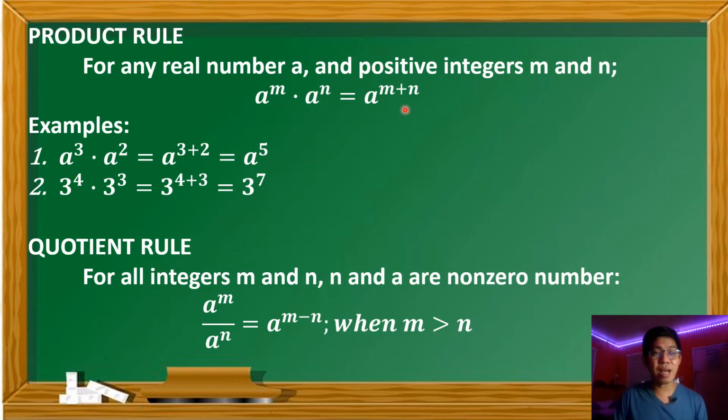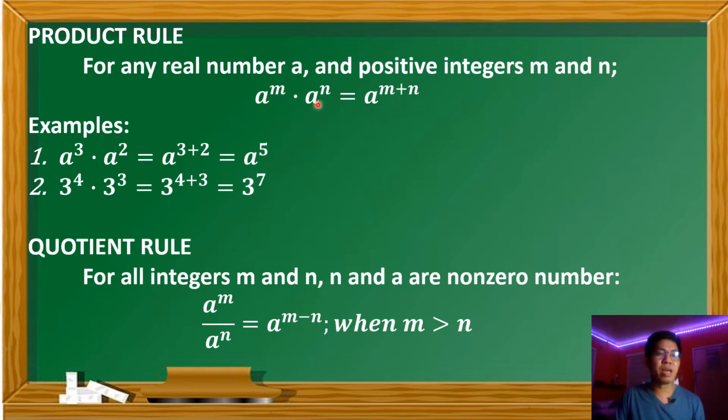In other words, when we have the same base, which we call a, we just copy the base and add the exponents. We have m plus n.